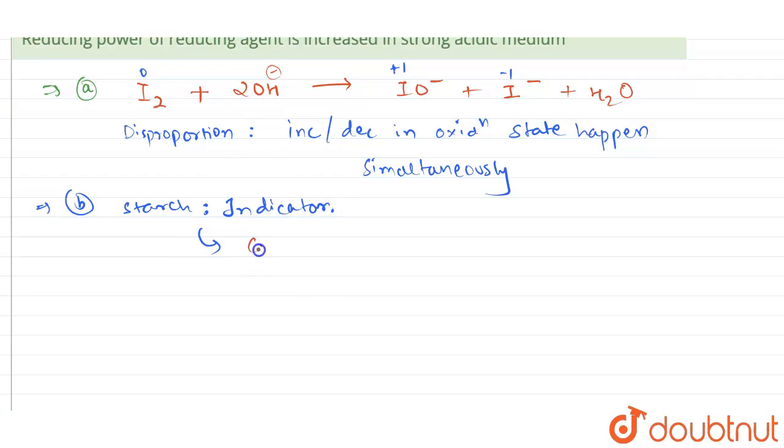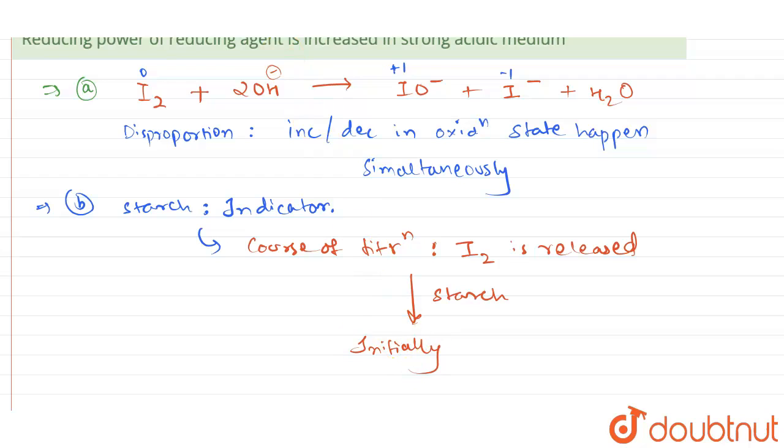In the course of an iodometric titration, iodine is released during the reaction. The starch forms a complex with iodine and it makes the solution initially deep blue.